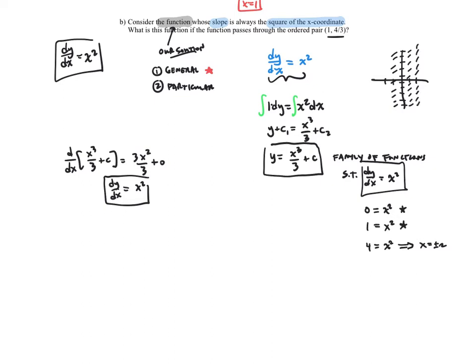So you might already be seeing the family of functions that would satisfy dy dx equals x squared. Check it out here. I'll pick an initial point and draw something like that. Let's call that one of our family of functions that satisfies this differential equation.